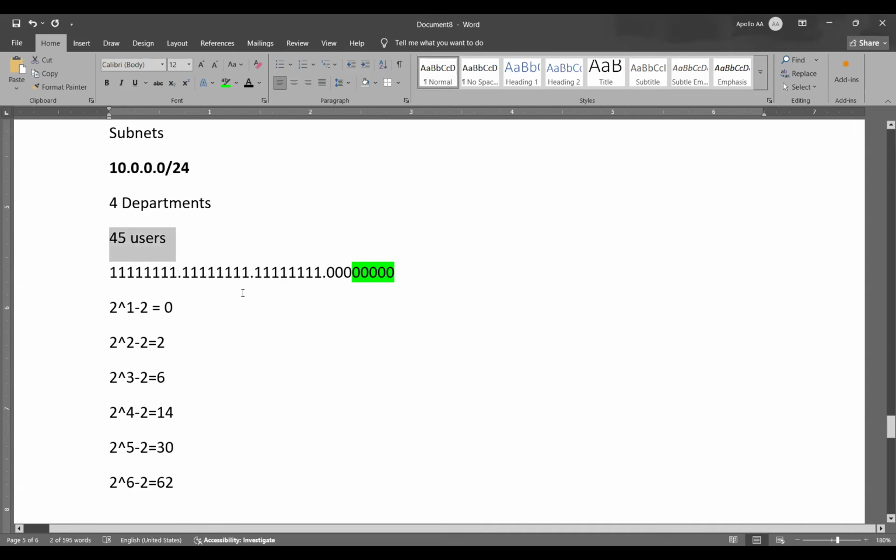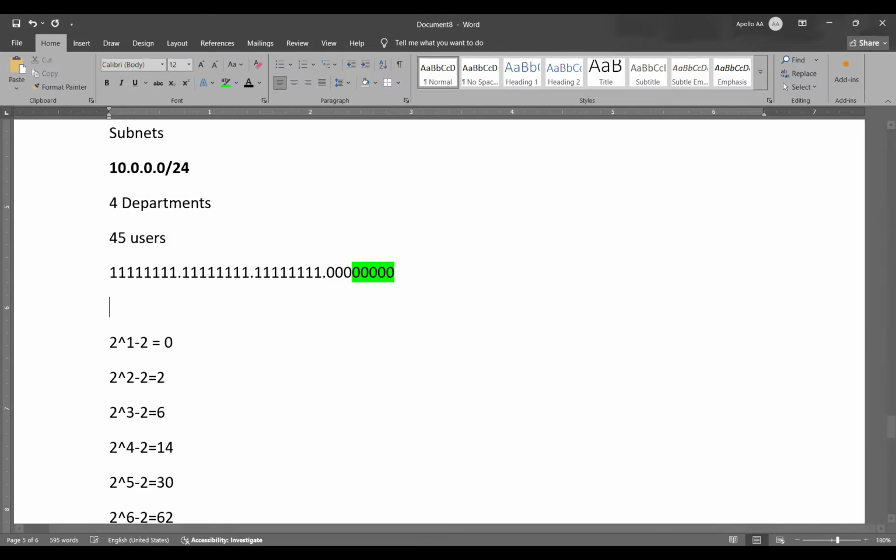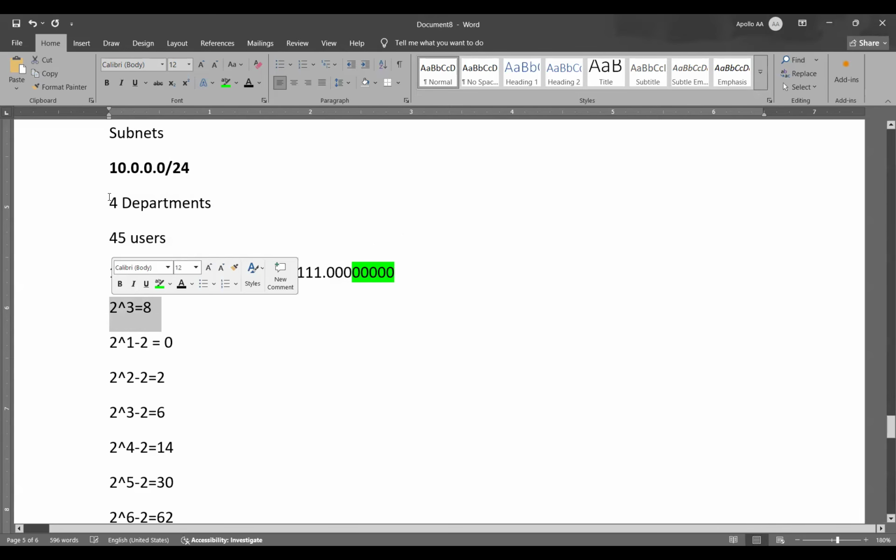Just to be sure, we can also ask ourselves, now that we are going to borrow these 3 bits and make them network bits, will they be enough to create at least four networks? What is 2 raised to power 3? That is 2 times 2 times 2, which is 8. So we will have 8 subnets, which is way more than our 4 departments.